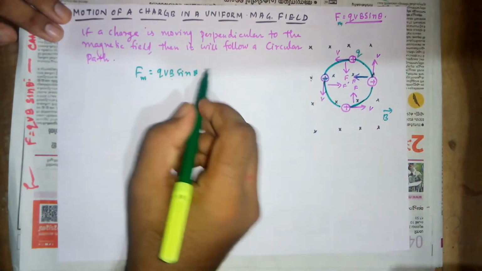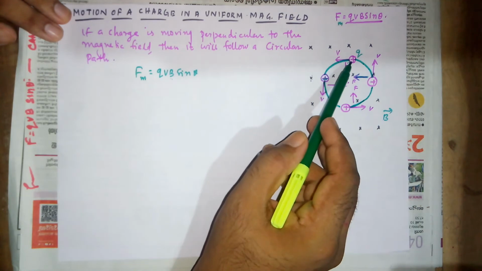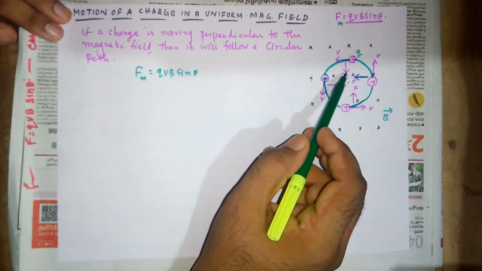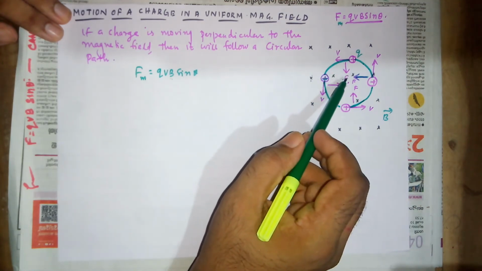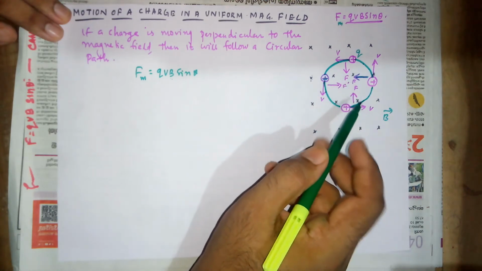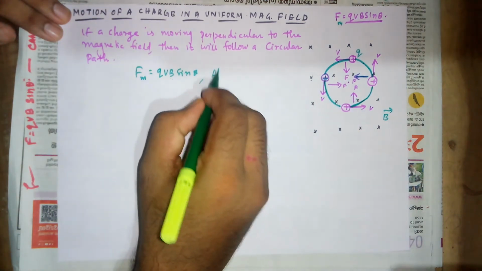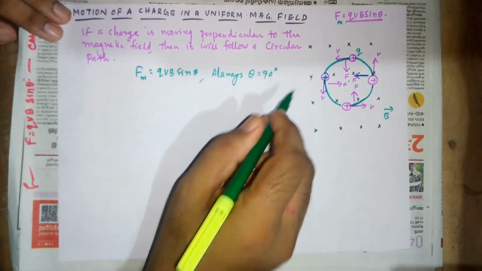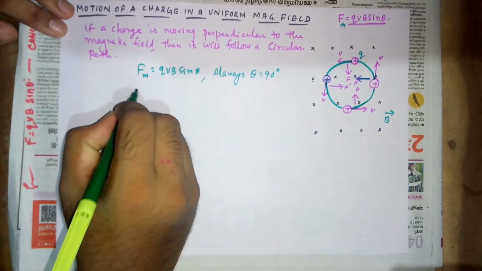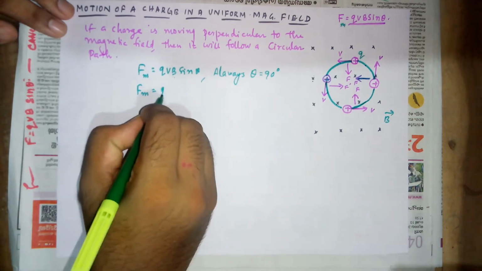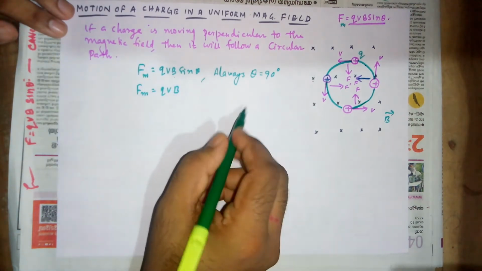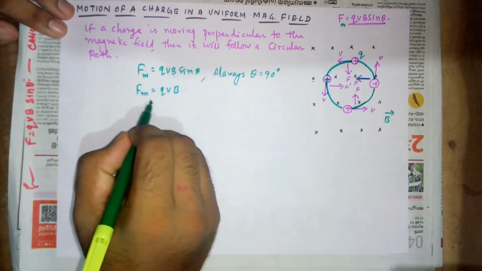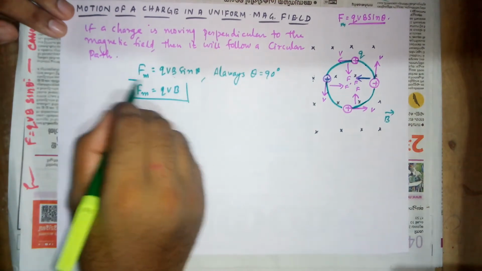What is theta? Theta is the angle between the direction of velocity and the direction of the magnetic field. The velocity and the magnetic field are always at right angles to each other, so theta is equal to 90 degrees. So the magnetic force will be equal to only QVB, since sine 90 is equal to 1. This will be the magnitude of that force.